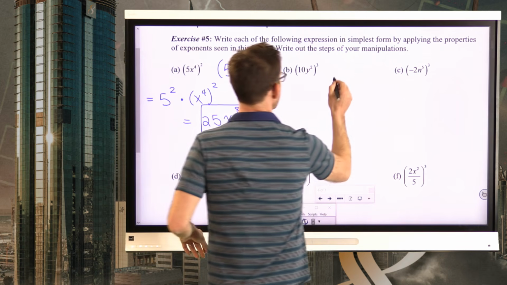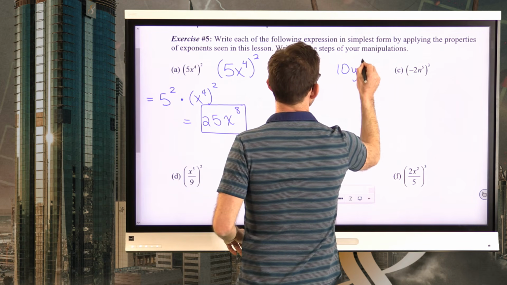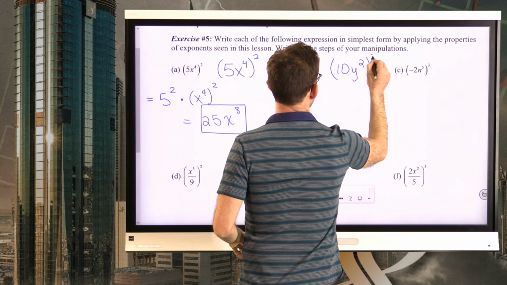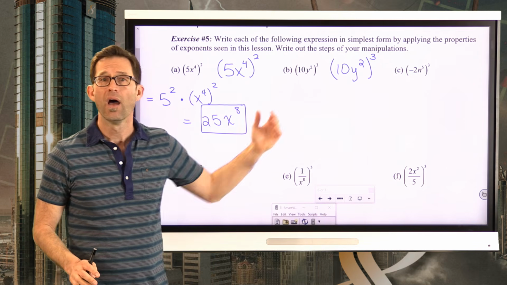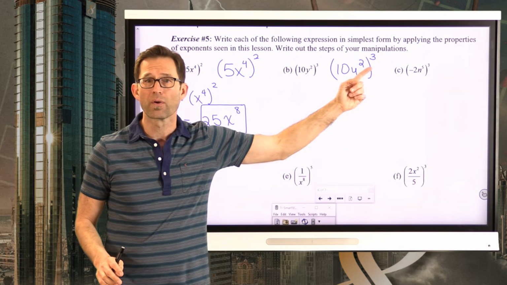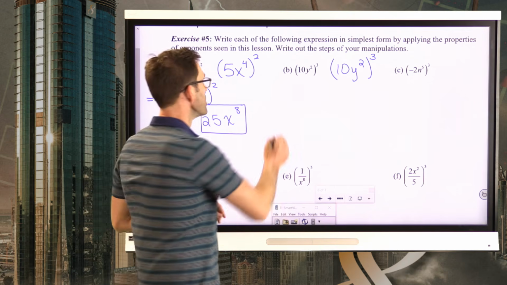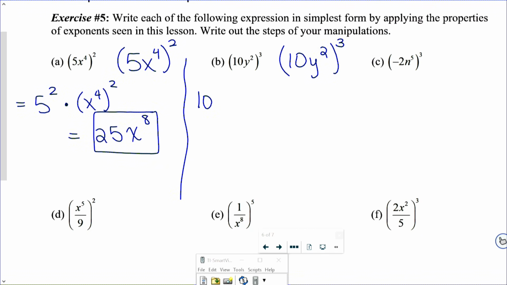In letter B, I've got 10y to the 2nd, all to the 3rd. Very, very similar in structure to letter A. I've got a product inside of here all being raised to the 3rd. That means that I want to take the 10 and raise it to the 3rd, and I want to take the y squared and raise it to the 3rd.